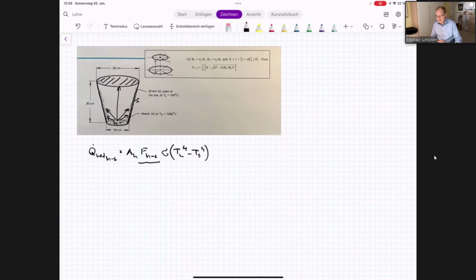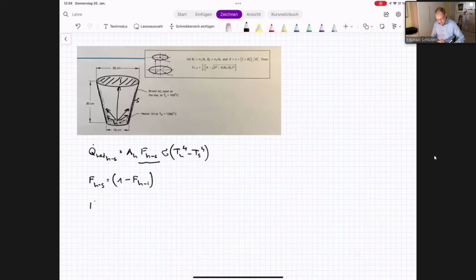That is what we are interested in. In other words, F H minus S is the same as 1 minus F H minus E, and E is the upper surface. So we need just 1 minus this.